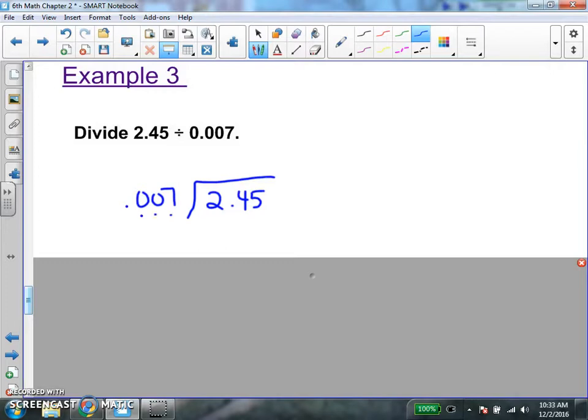If you remember, we have to get this outside number to a whole number. So we have to move our decimal 1, 2, 3 spots. So we also have to do that to the number inside our long division sign. 1, 2, 3 spots.